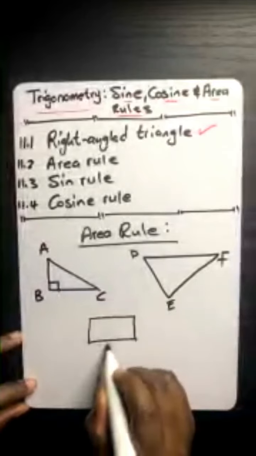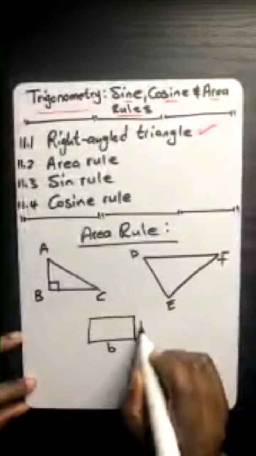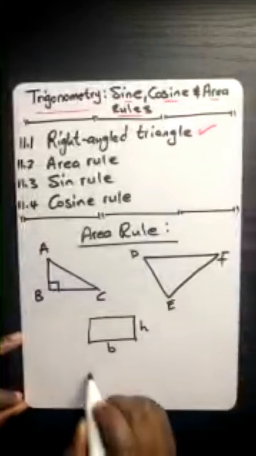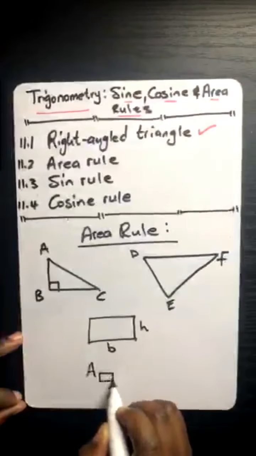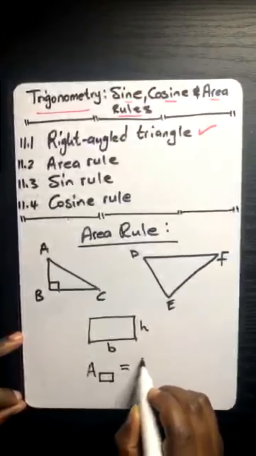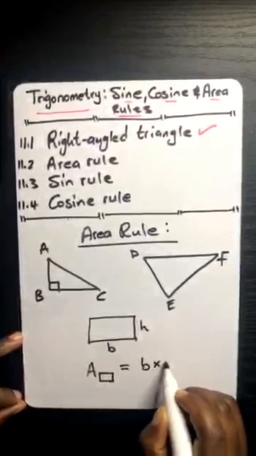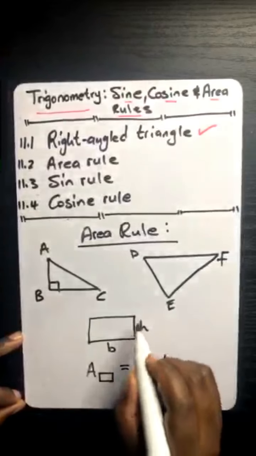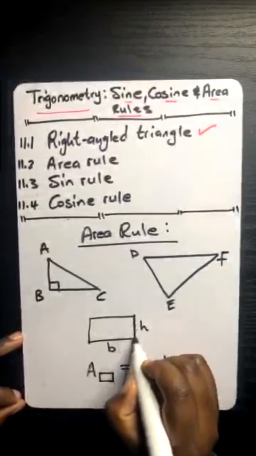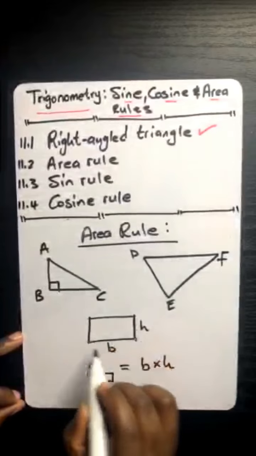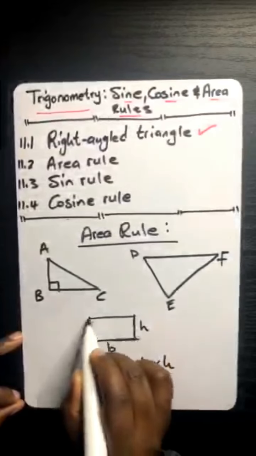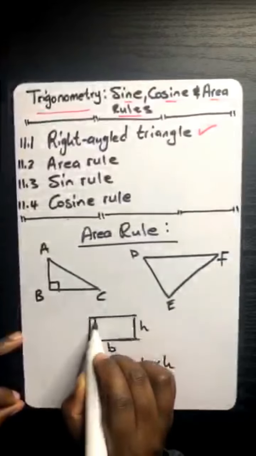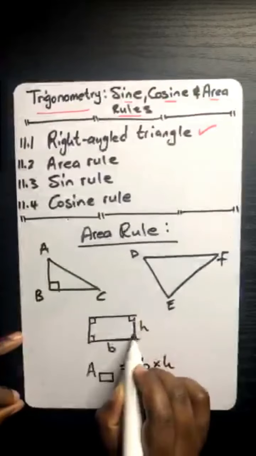A rectangle has a breadth and a height, so the area of a rectangle is equal to breadth multiplied by height. And remember, this height is a straight line height, so we have 90-degree angles there.